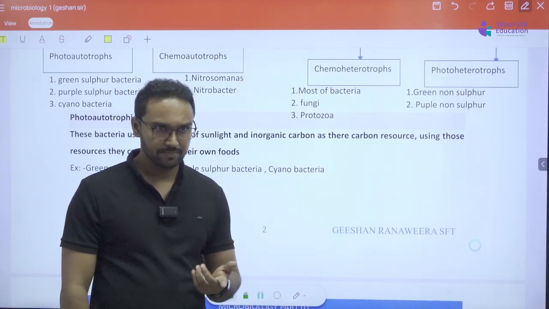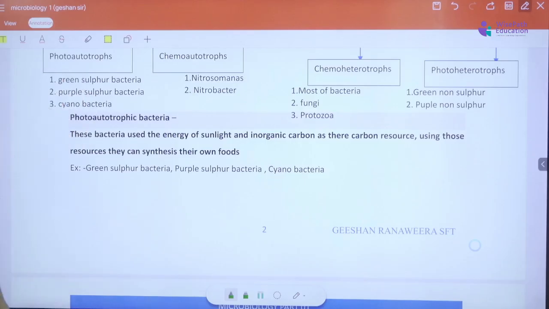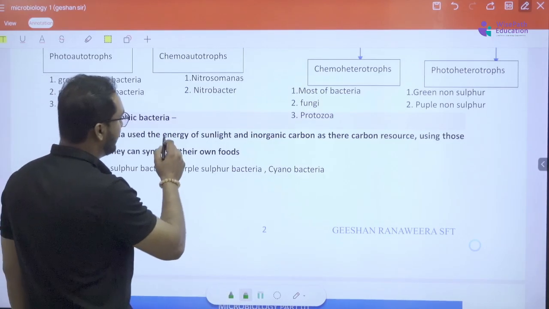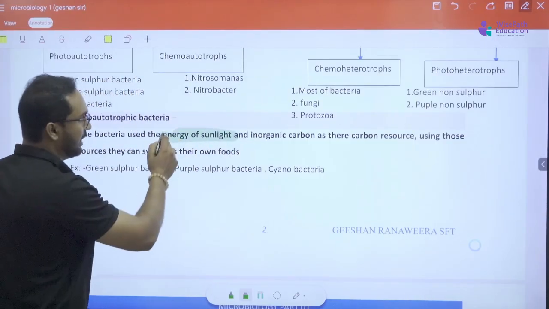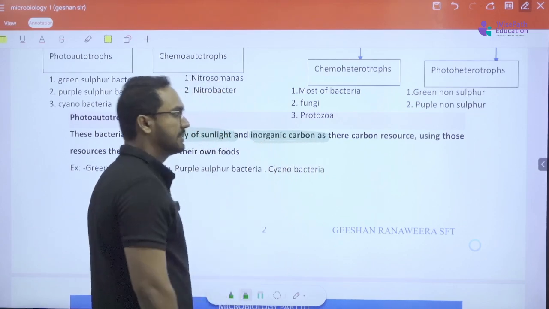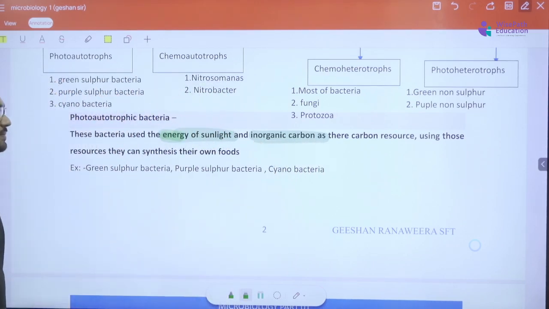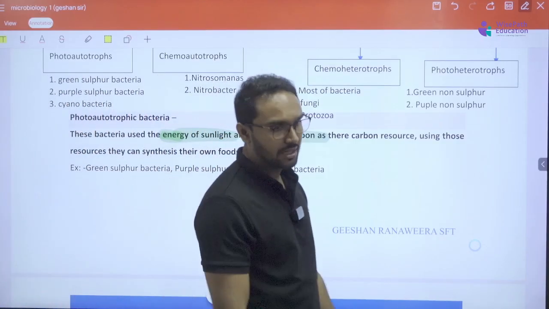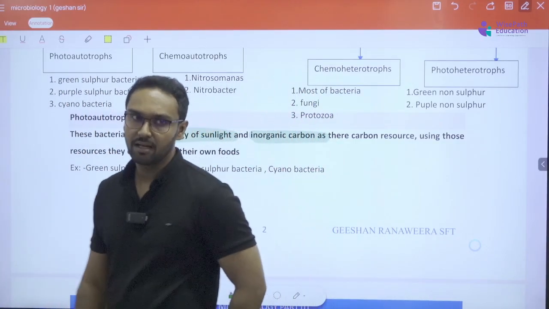So these bacteria use the energy of sunlight and inorganic carbon as their carbon resource. Highlight it. Using those two resources, they can synthesize their own foods.